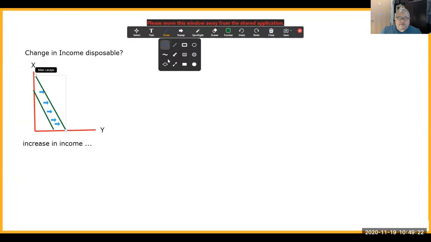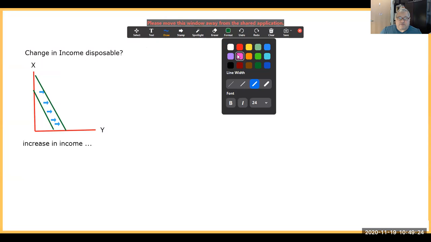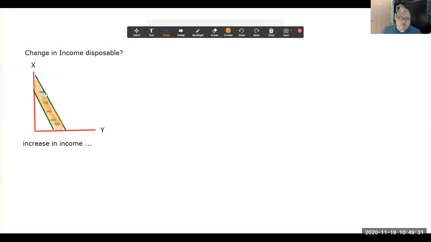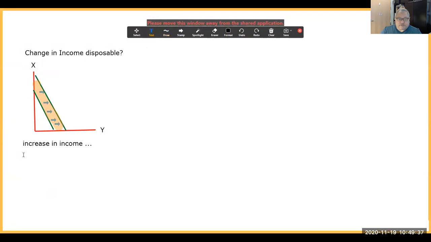And what that does is it expands the possibilities of consumption by all these points in the orange zone. So more bundles of consumption become available as choices to the consumer.